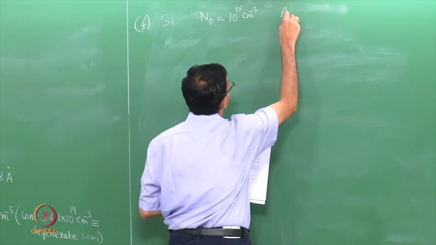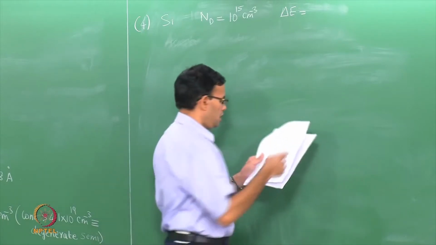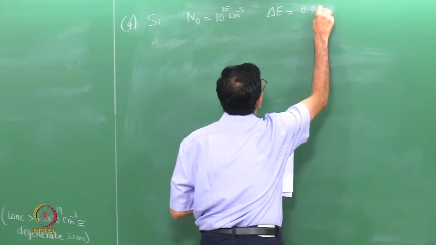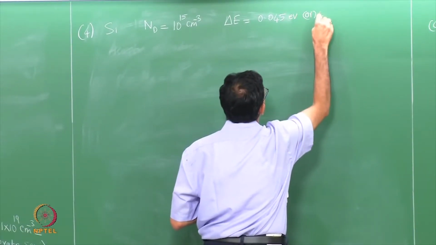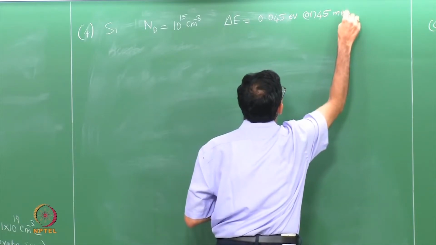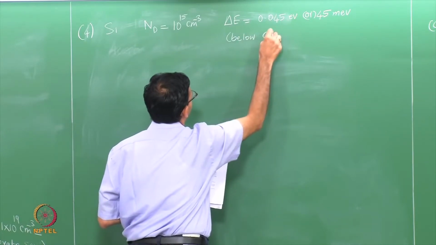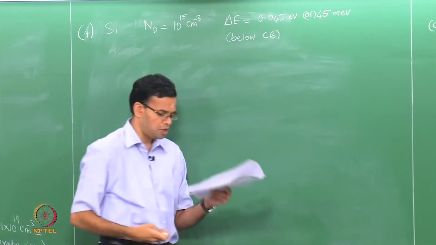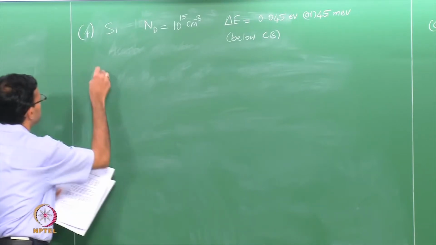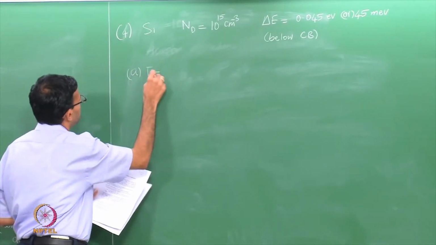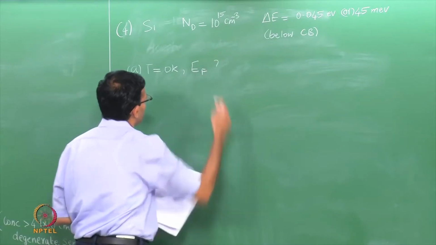So, delta E, which is your donor ionization energy, is 0.045 eV or 45 milli eV, and this is below the conduction band. Cb is your conduction band. Where is the Fermi level located at 0 Kelvin? We want to know the position of the Fermi level at T equal to 0 Kelvin.